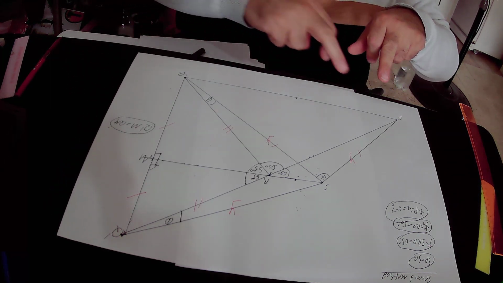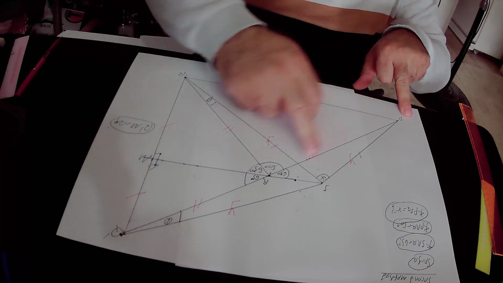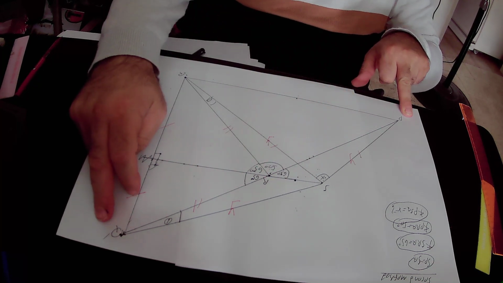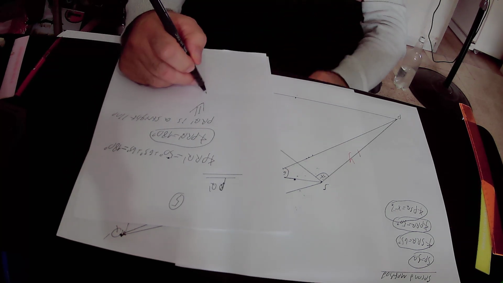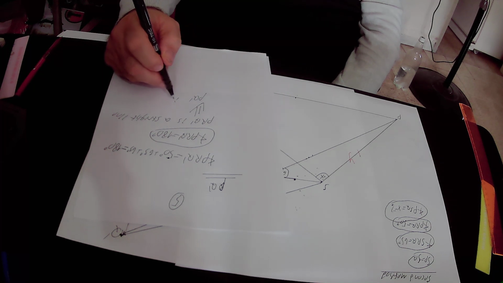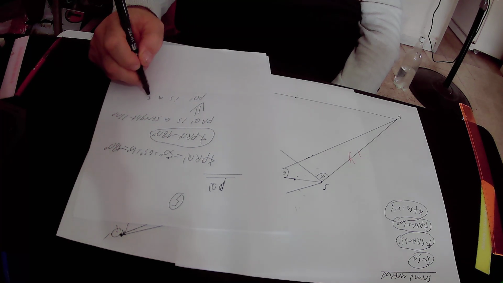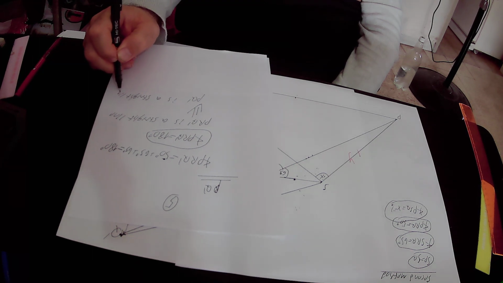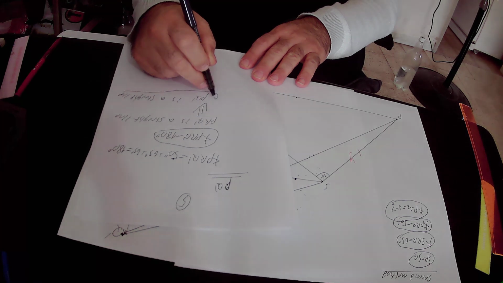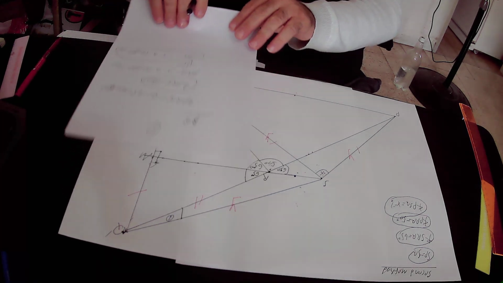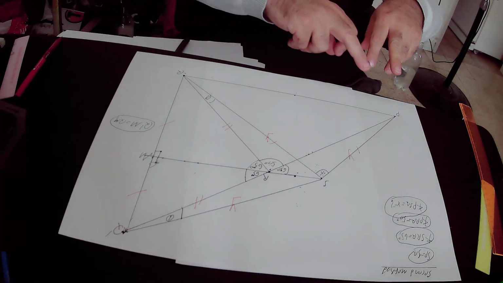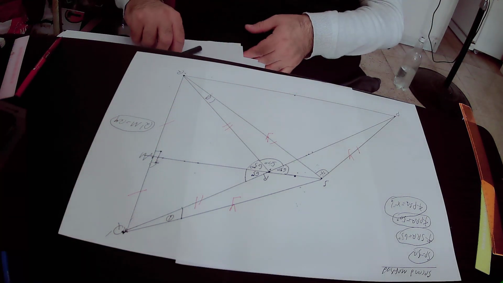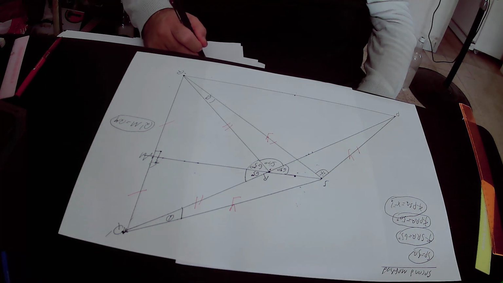So if line segment PRQ dash is a straight line, then PQ dash is also a straight line. And if line segment PQ dash is a straight line, then the shape PSQ dash is a triangle.